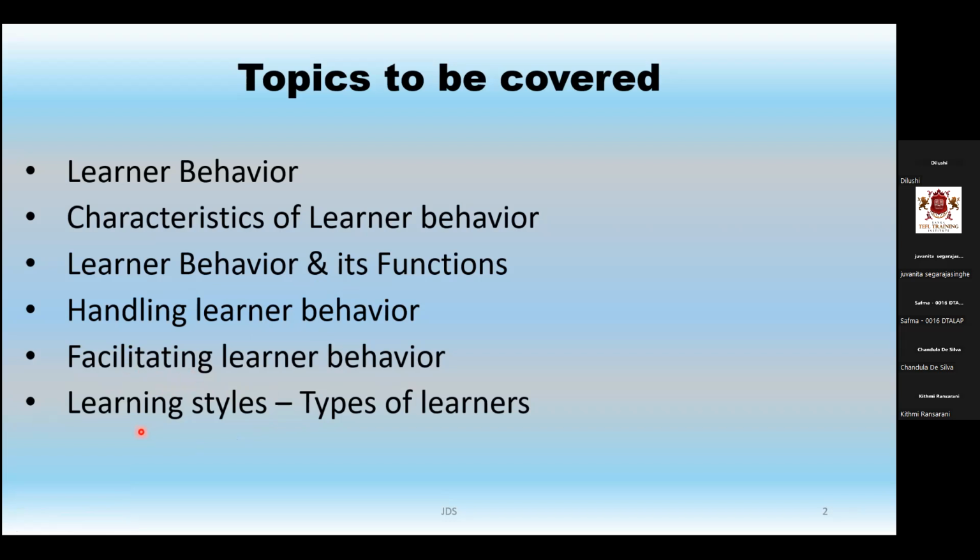And the last part of it will be the different learning styles used by different kinds of learners. Based on the learning styles, we tend to categorize the learner types. Right? So these are the subtopics that we will be handling.